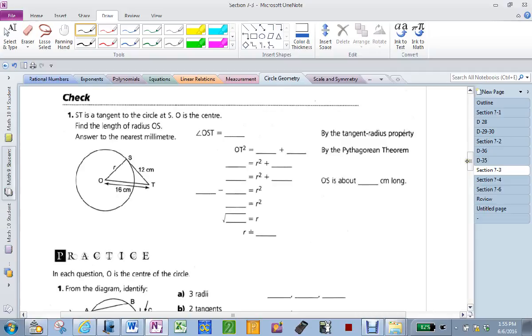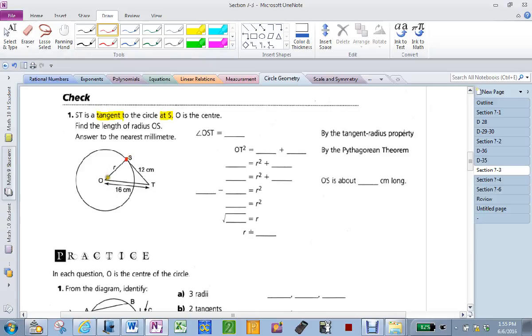Oh my good gravy, there's a lot of stuff going on in that question. The question gives me a bunch of information, doesn't it? What does it give me? ST is a tangent. A tangent tells me something. It's a tangent at S. So right there, that point is a tangent point.